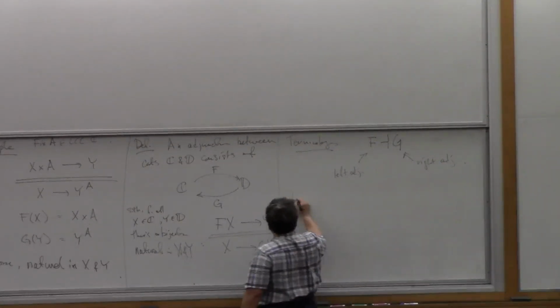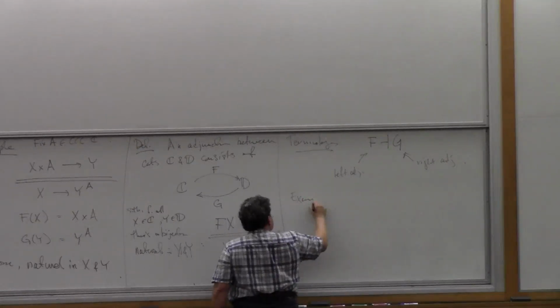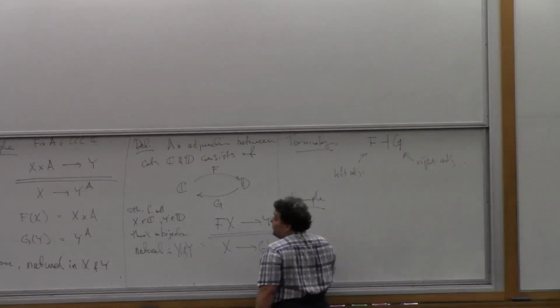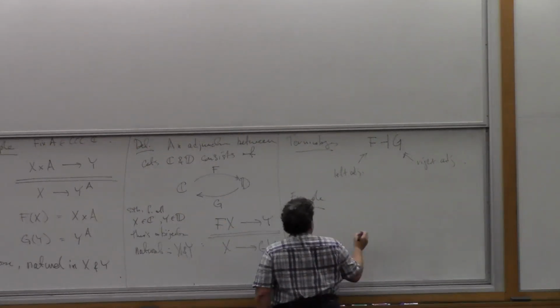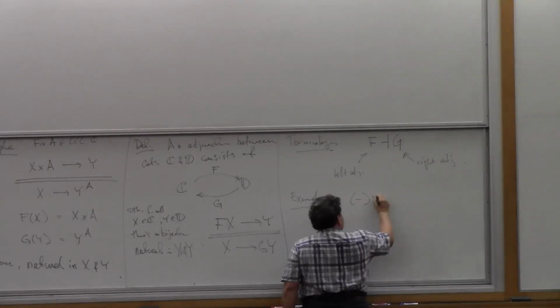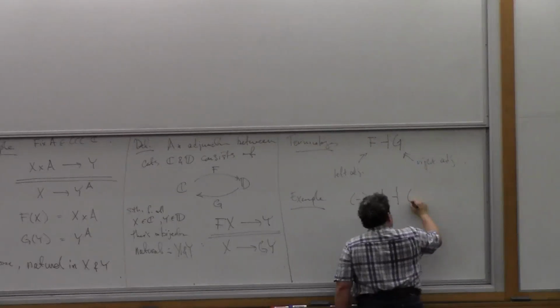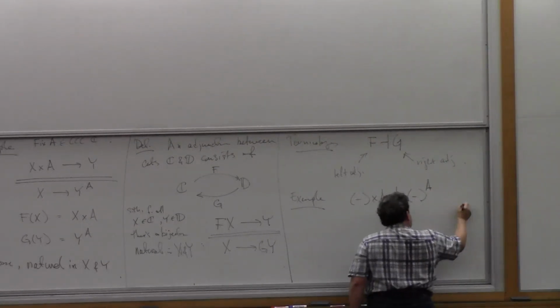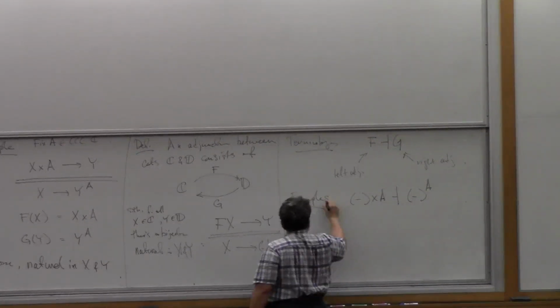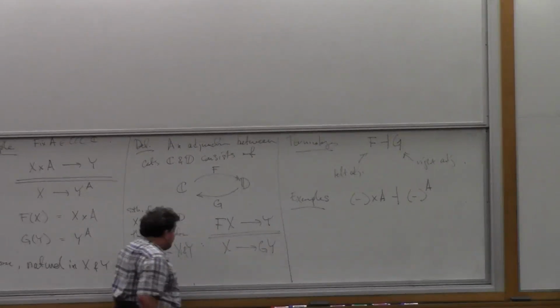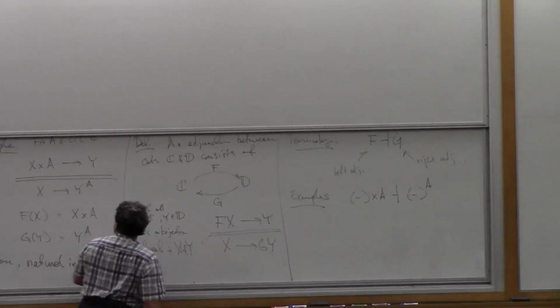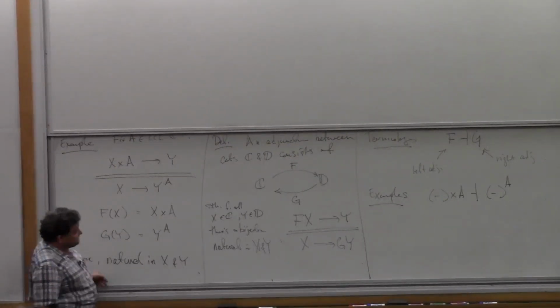And so we already had one example. We showed that the functor cross with A is left adjoint to the functor taking exponent by A. So that's our first example. Everybody good? That's exactly this example.